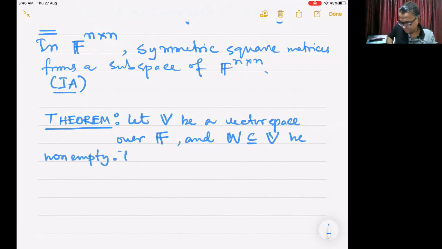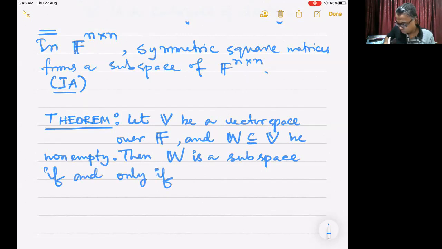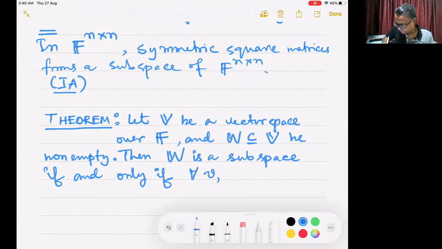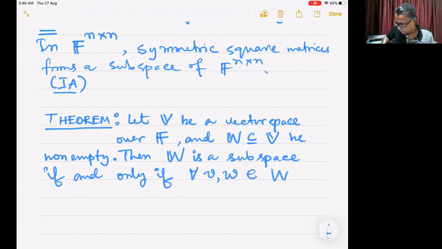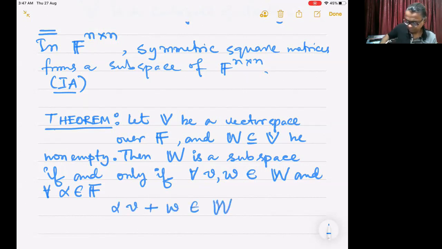Then W is a subspace if and only if for all V and W in W, and for all alpha in F, alpha V plus W is also in W. This is the theorem.